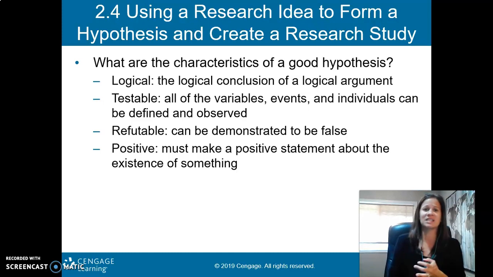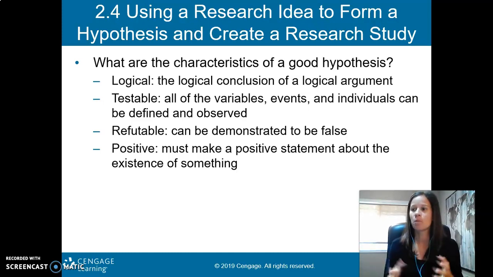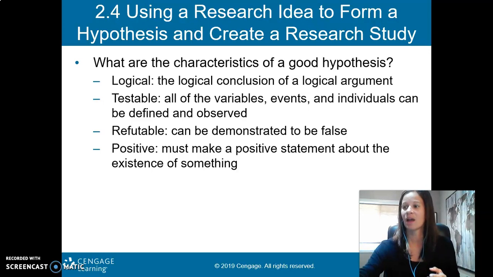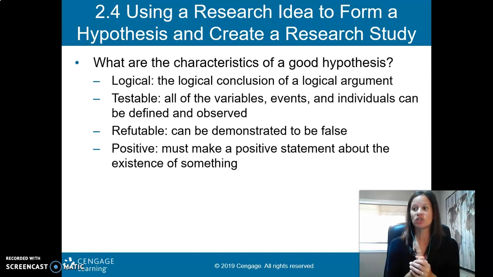If your hypothesis isn't testable, then there's no point in doing it. Like, for instance, young children can see good or evil auras surrounding the people they meet. Well, that's not testable, okay? Because we can't see these good or evil auras that kids are seeing, right?